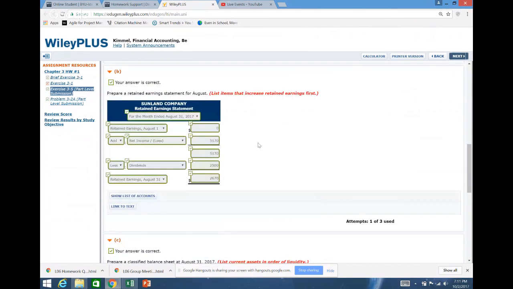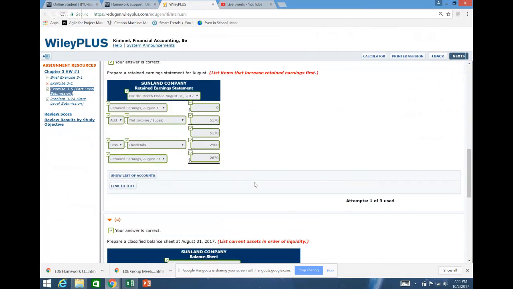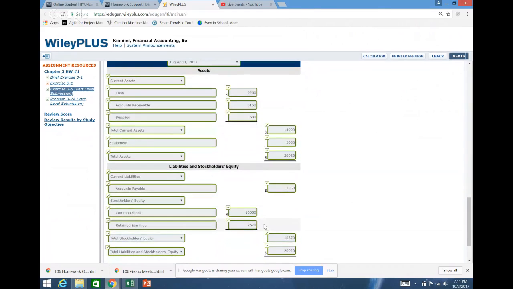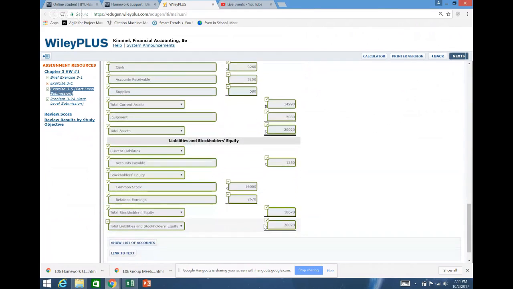The second part was retained earnings that we finished for August. And right here you can see that each of these are correct as we filled them out and reviewed them. And portion C of the problem is our balance sheet, which we filled out in the Excel file, listing the assets and the liabilities and stockholders' equity. Each of these that we were able to fill out were also correct.